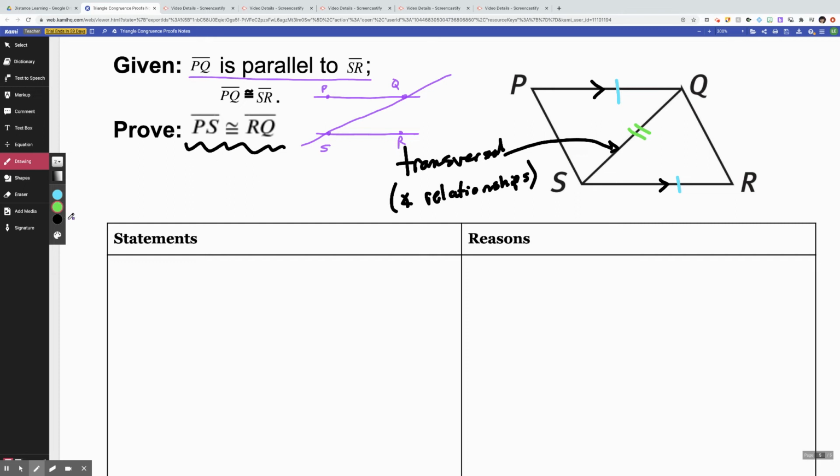So we have to remember that I have some angle relationships I can deal with here. I have this angle and this angle. Those are alternate interior angles, and they have to be congruent. So now I have enough information to say that my triangles are congruent.